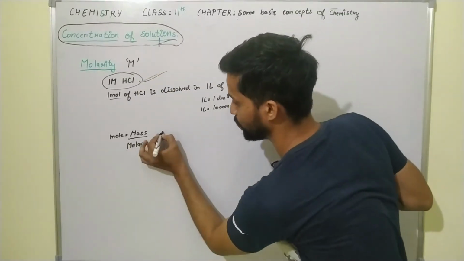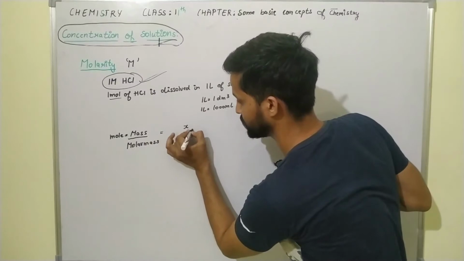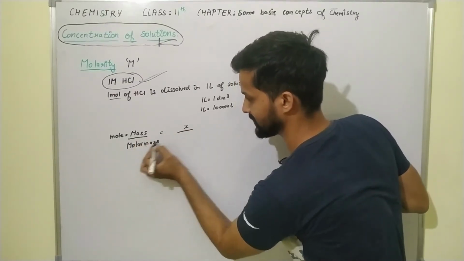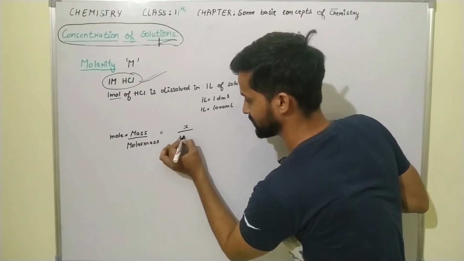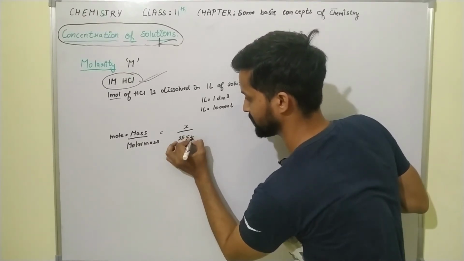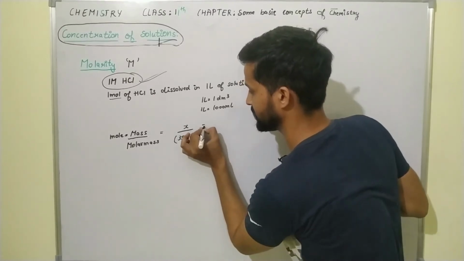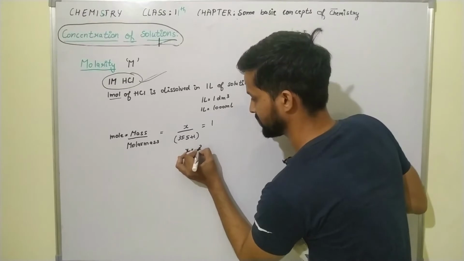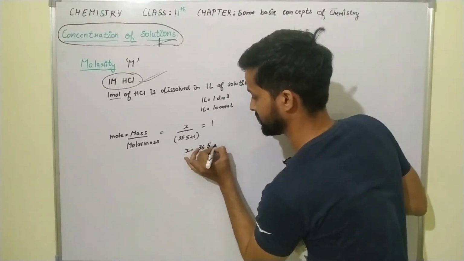So here mole means mass by molar mass. Here we do not know how much mass is there. Here mass is X and molar mass is 35.5 plus 1. Here they give 1 mole. X is equal to 36.5 gram.